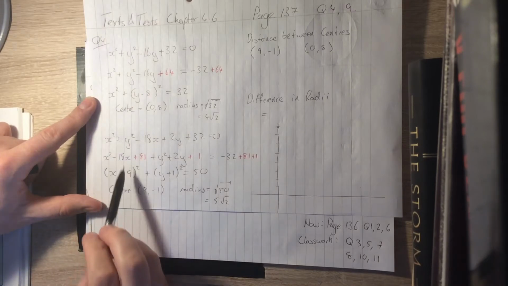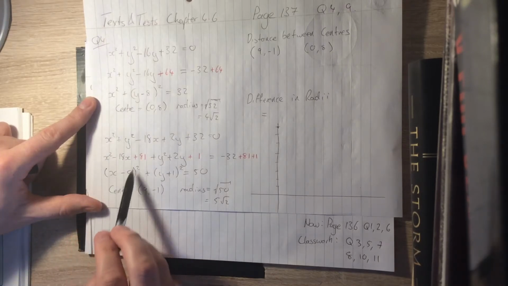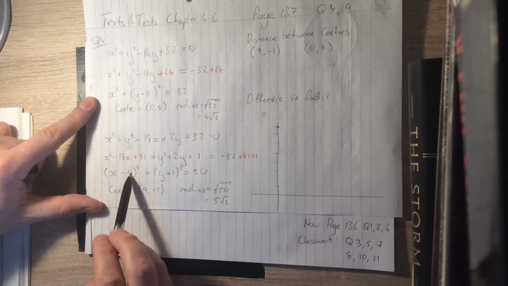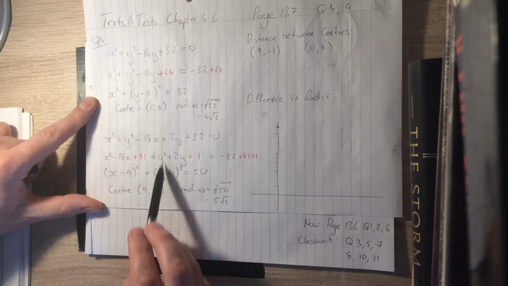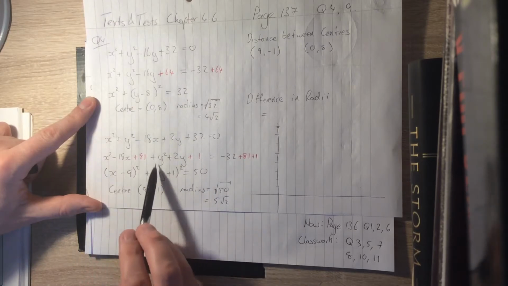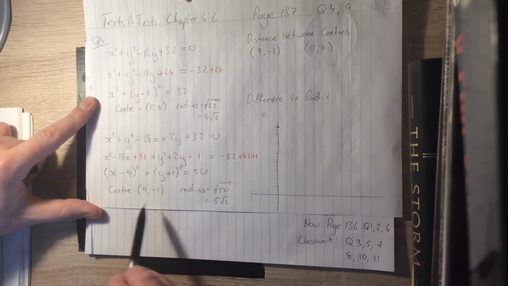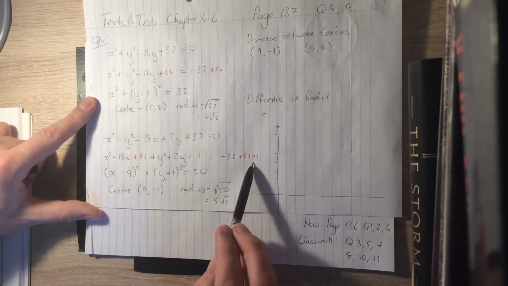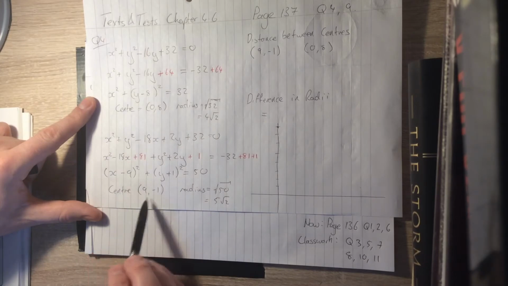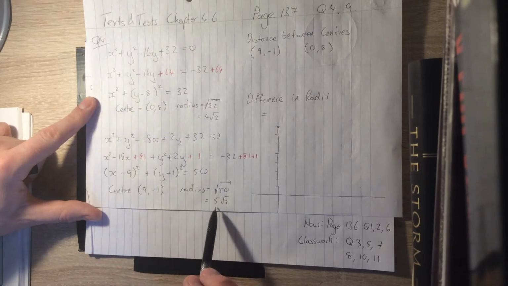And factorizing that, square the first, x squared, square the second, 81, twice the product is minus 18. Here, square the first, square the second, twice the product is y plus 1 squared. Okay, and we get 50 on this side. So the center here is at 9, minus 1. The radius is root 50, or 5 root 2.